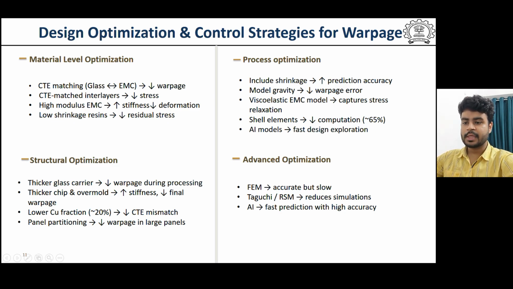These methods help balance accuracy and computational efficiency. So warpage cannot be minimized by a single parameter. It requires a combined optimization of material, structure and process. This integrated approach is essential for achieving accurate prediction and a good package design.